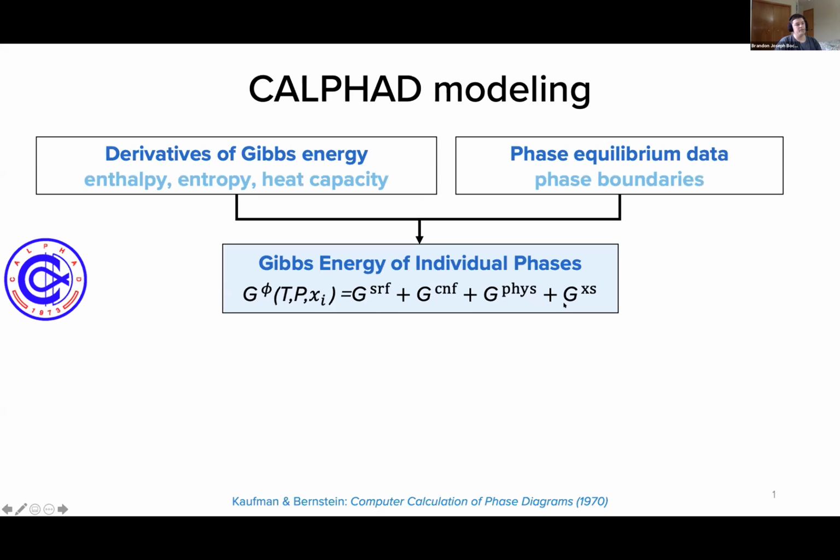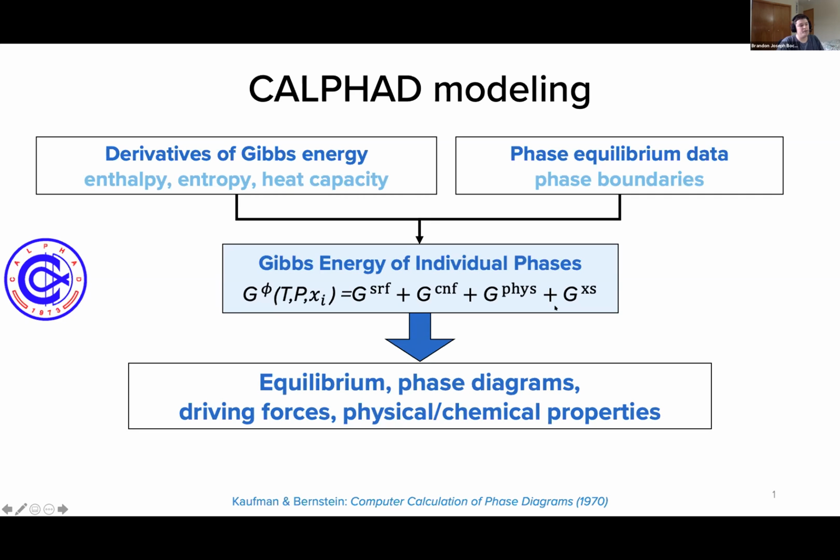The way we typically do that is by combining the derivatives of the Gibbs energy in terms of data and phase boundary, phase equilibrium data in order to fit these functions. And then, like I mentioned, we do forward simulations with those Gibbs energy functions and understand materials and material properties.